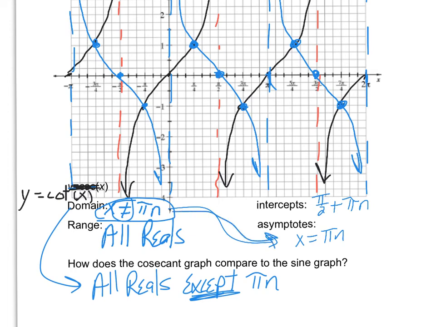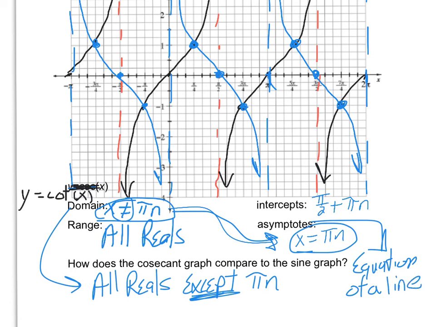Versus when you talk about your asymptotes, you're talking about the equation of a line. So that's why one of them says equal and the other one says not equal to.